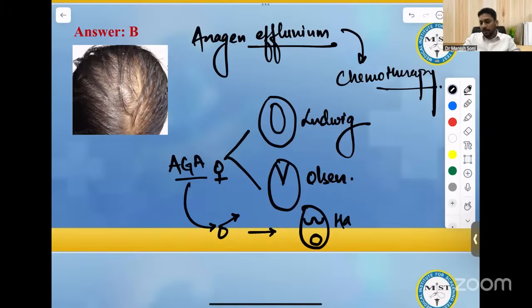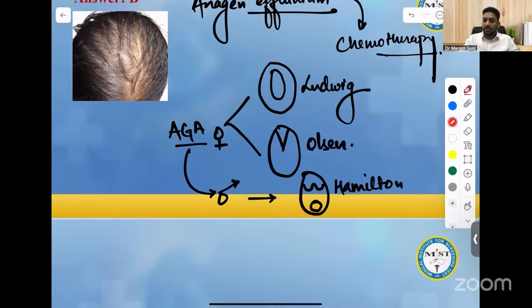This is the Hamilton pattern. So these are three patterns of androgenetic alopecia. In females, with Ludwig and Olsen patterns, the central part is involved, where females part their hair. In males, there is a frontal receding hairline and loss from the crown. All these are different patterns of androgenetic alopecia.